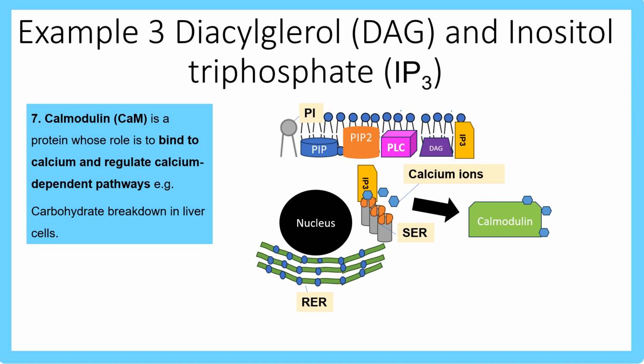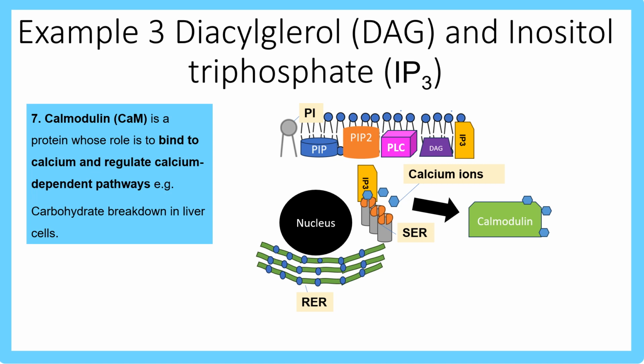For example, when you want to break down carbohydrates within the liver cells, that is required. So what do I mean by that? Say for example you've got high levels of sugar, glucose, inside the blood, and there's a hormone called insulin, which is a type of protein hormone, and it sends a signal to the muscle cells and the liver cells and says, hey, there's a high level of sugar within the blood.